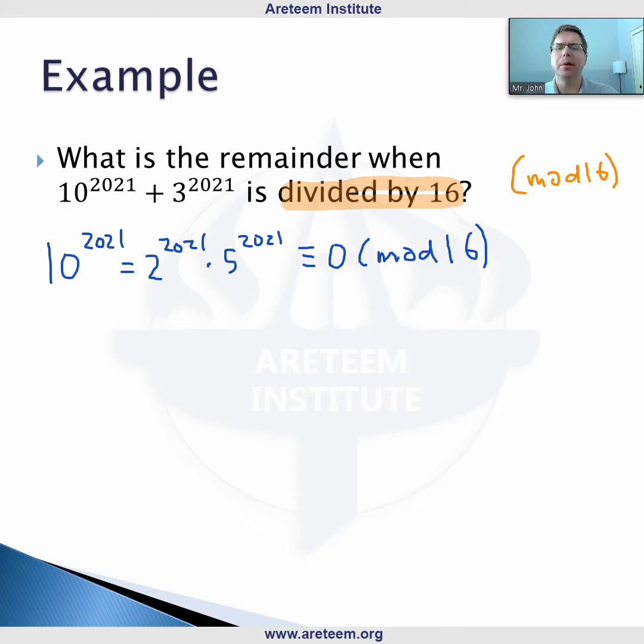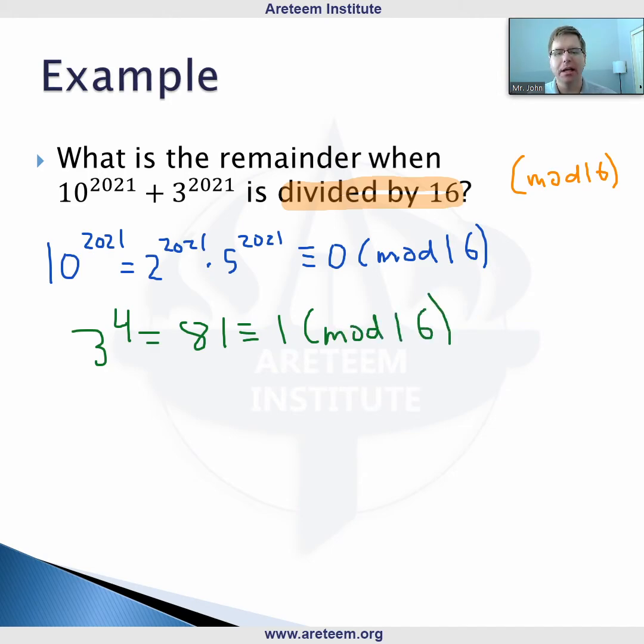Let's think about 81 for a second. What do we know about 81? Well, it's 80 plus 1. 80 is 16 times 5. So we can actually say here that 3 to the 4th power is equal to 81, and that is equivalent to 1 mod 16.